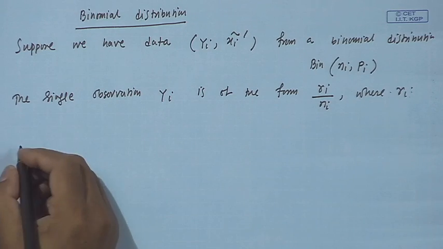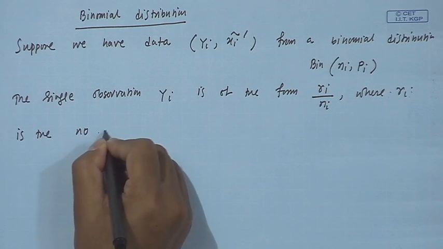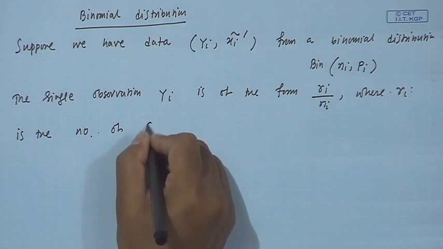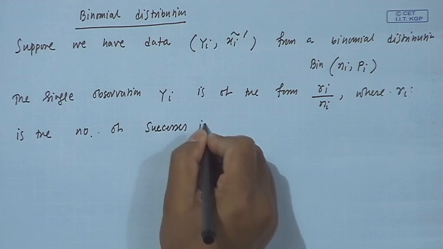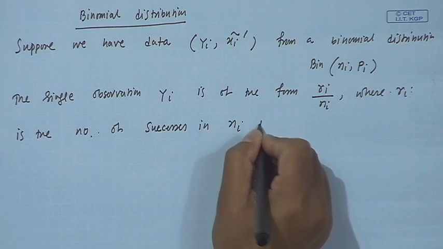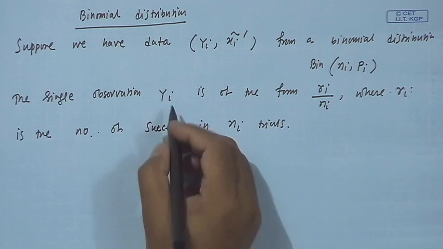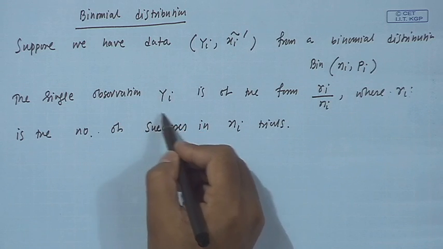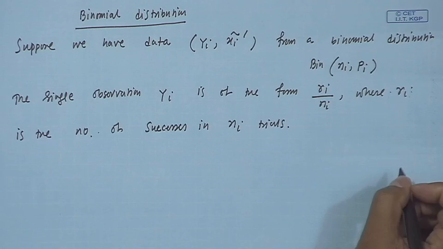Okay. So, you know binomial distribution, right? And here y_i is not really a number of successes in n_i trials, it is a proportion of success basically.